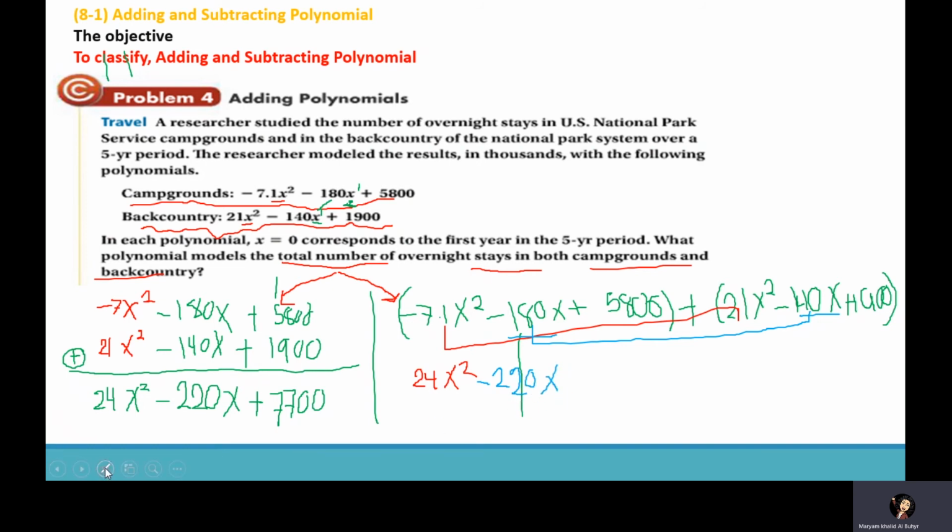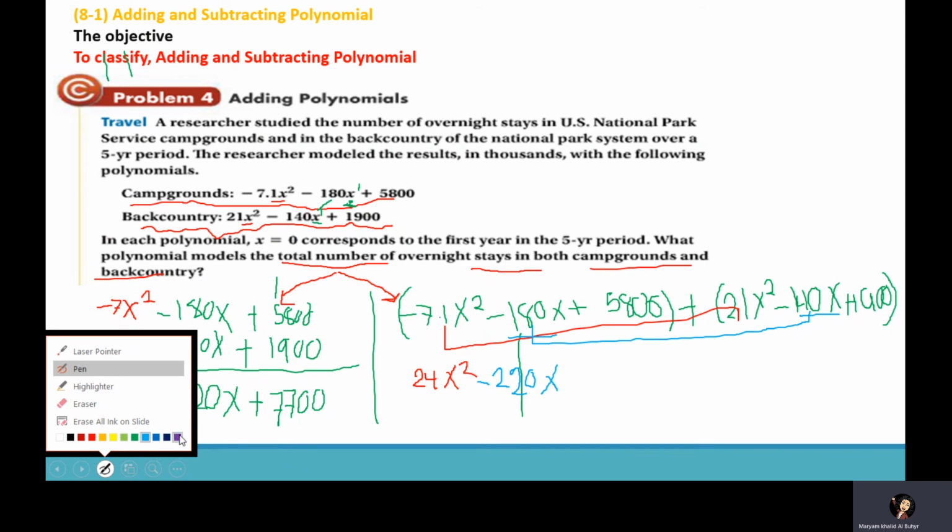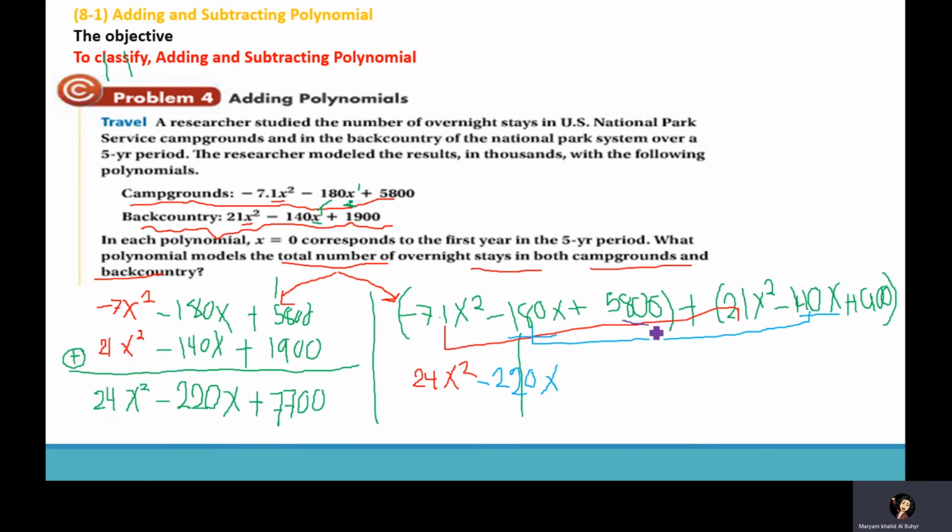Finally, you have the numbers, just add these two numbers together, which will be plus 7,700. That's it. So this is for this idea. Use one of the ways. You should not use both of them. You can use just one of them.